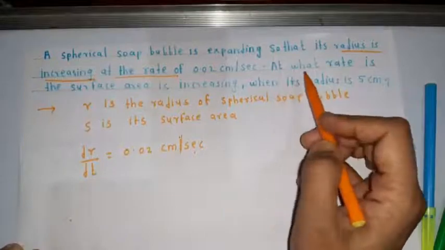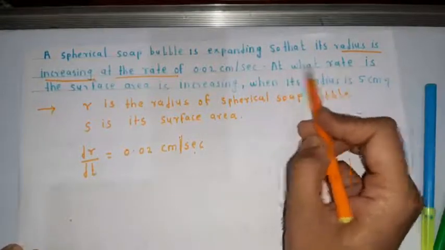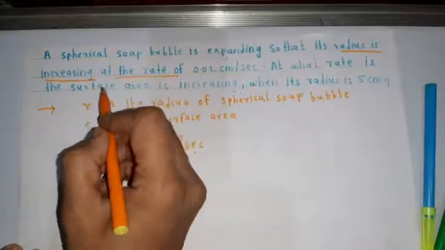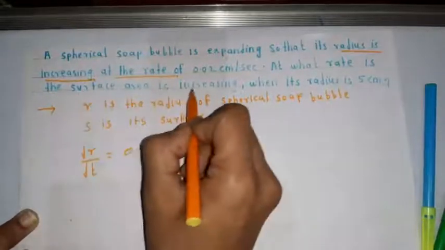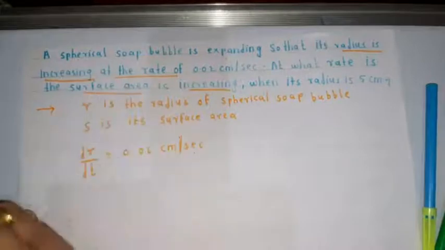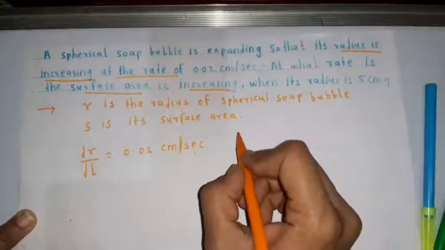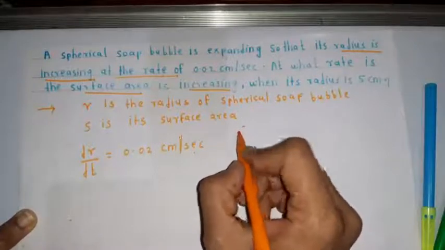Okay, and here we have to find out at what rate the surface area is increasing, means we have to find out the increasing rate of surface area, and rate of surface area is ds by dt.